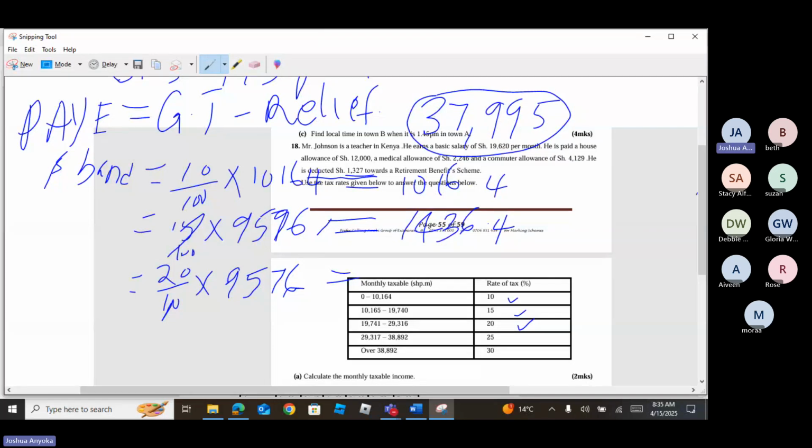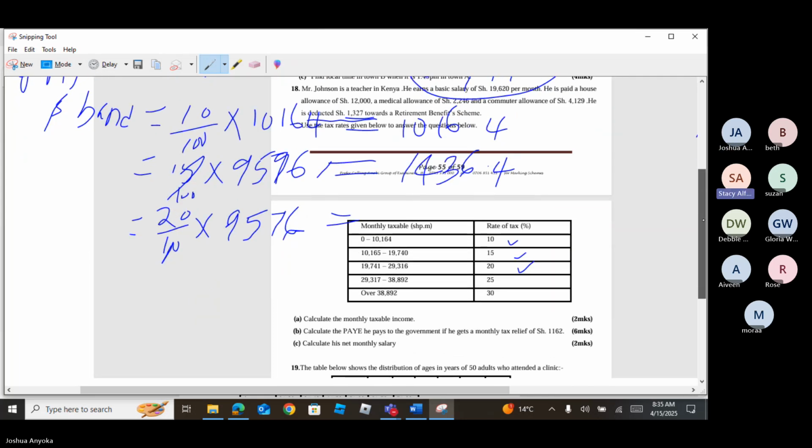Then after multiplying, what do you get? 1,915.2.